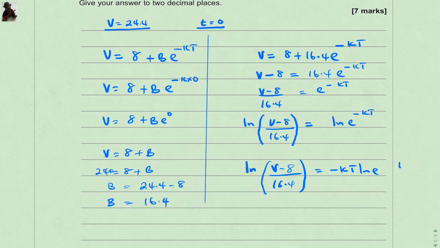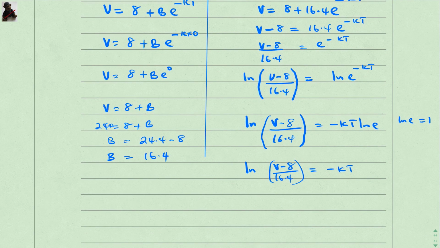So I'm going to have ln of v minus 8 over 16.4 equals minus kt. That's good. So let's just close this up, so we don't get confused.